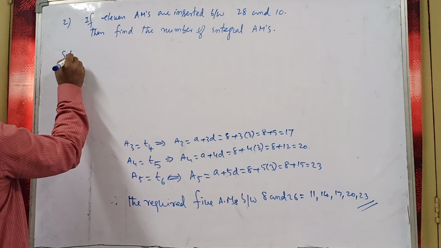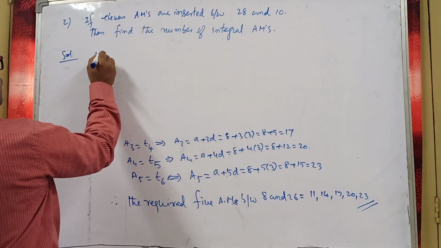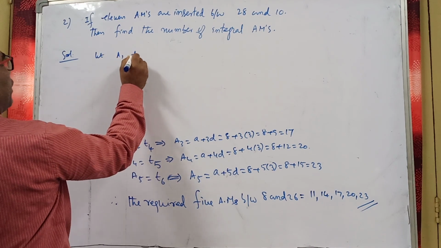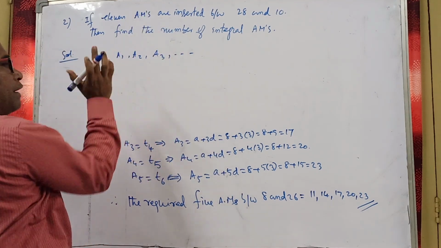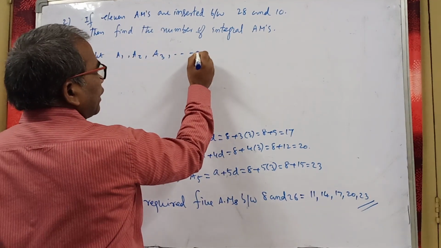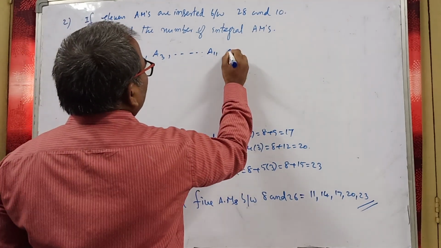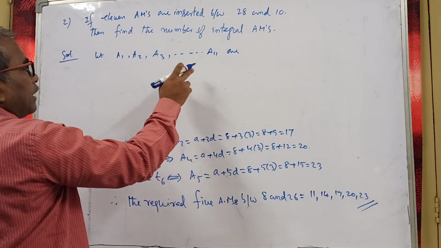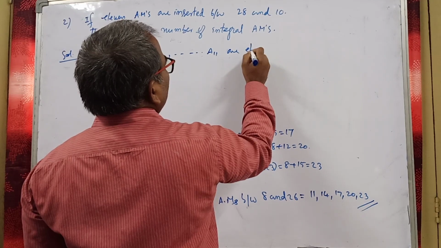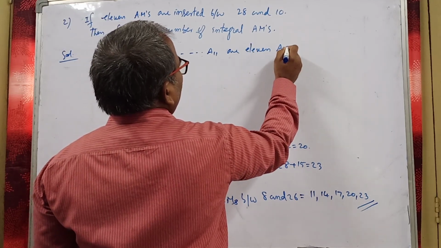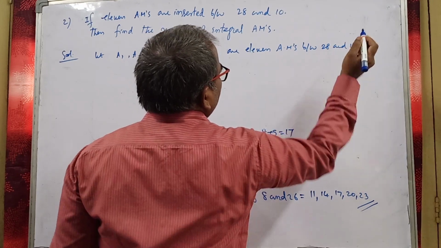Now see the solution. What is the question? 11 AMs. Let A1, A2, A3, dash, A11 be the 11 arithmetic means, A in the sense of arithmetic mean naming convention, that's why I am using A, between 28 and 10.